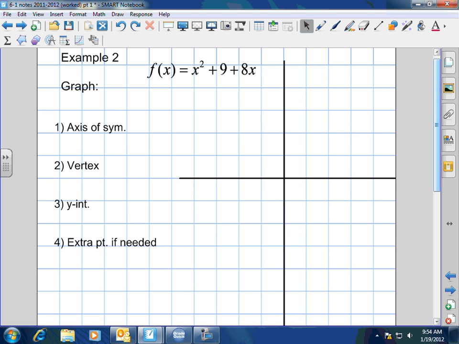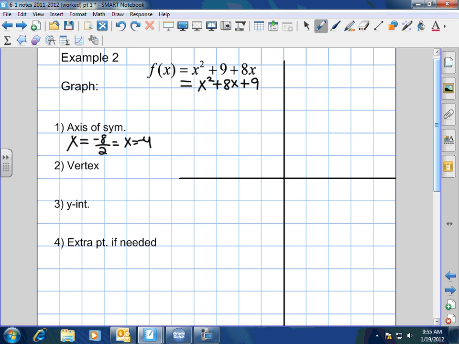He just told me you know it's going to point up because the value of a is positive. Fantastic. That's learning. Good job. What's my axis of symmetry here, though? Absolutely correct. You have to rewrite this as x squared plus 8x plus 9. And no, that's wrong, it's not 2. x equals negative b over 2a. So in this case, x equals negative 4.